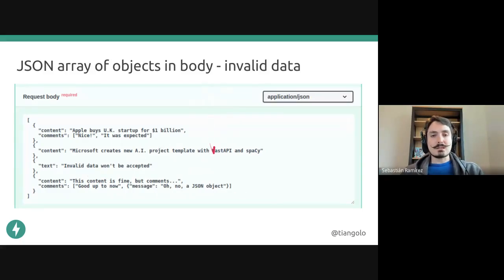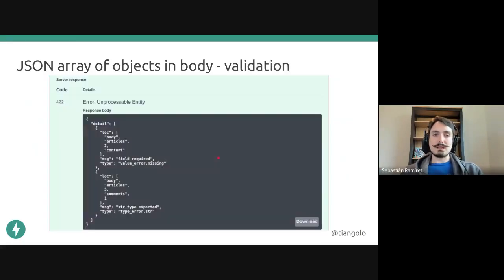Now let's try to send this data to the application, and we receive an automatic data validation error back that shows very clearly to the client, to whoever is using the API, where the errors are. We can see that the location is in the body, inside of the articles, the item with index 2, so the third item. The content was a required field, and it's missing because we sent something called text instead of the content.